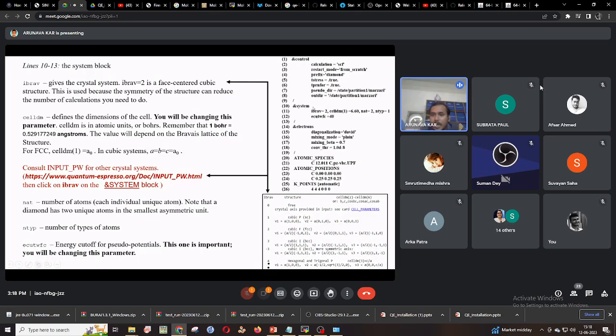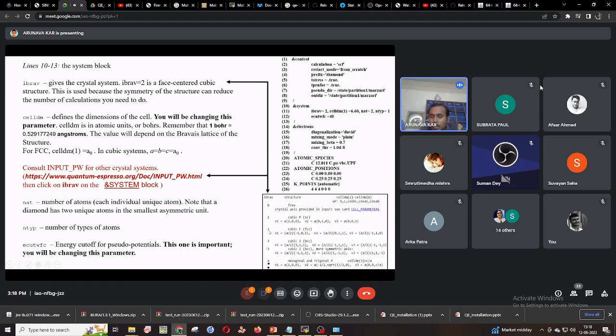Here I am using ibrav 2. If you look at this, ibrav 0 means the structure is free. We are not going into this. If you use ibrav equal to 1, it's a simple cubic structure. You are informing the system what structure your sample has.